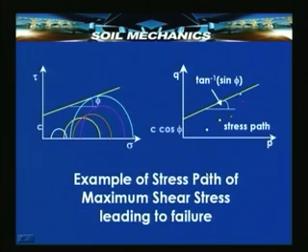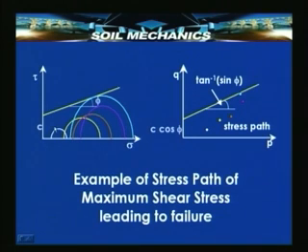Now, suppose I continue the test and a few more specimens are tested, and ultimately we reach a sigma 3, sigma 1 combination which makes the soil fail. That means the last Mohr circle shown here is touching the failure envelope. Same thing is true here in the p-q graph.